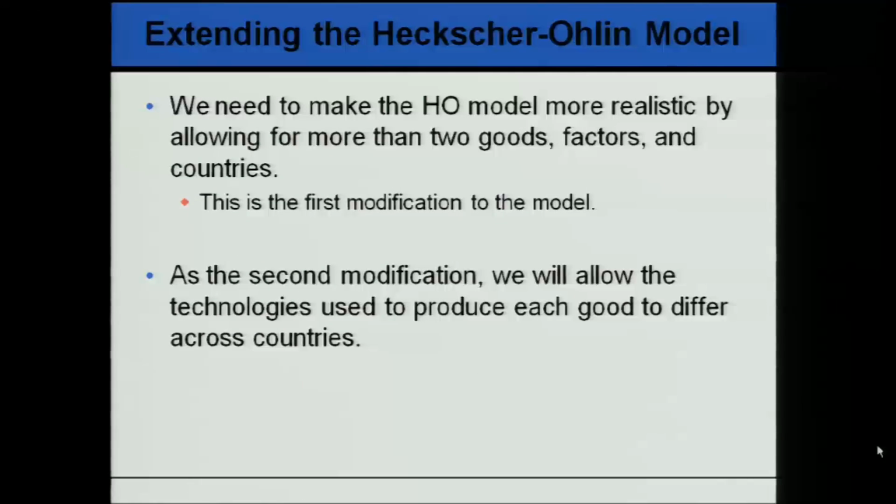So, we need to make the HO model more realistic to take into account the empirical facts of international trade. This is the first modification to the model, and the second modification is that we will allow technologies to differ across countries. So, these 2 modifications in the Heckscher-Ohlin model are needed to take into account the empirical facts of international trade.